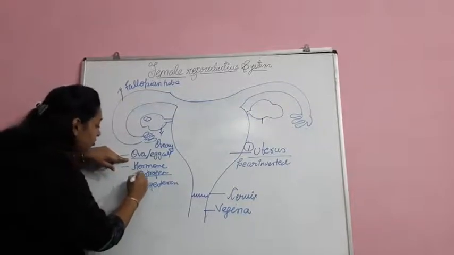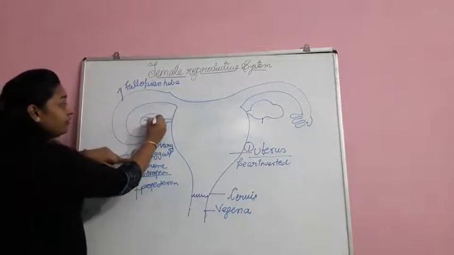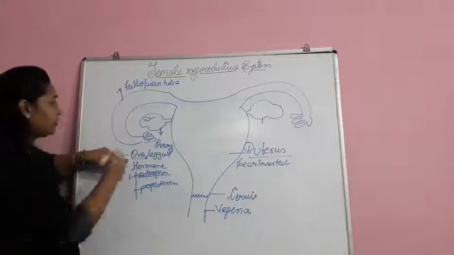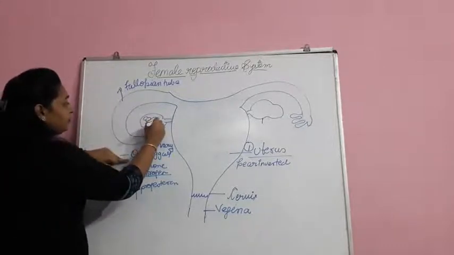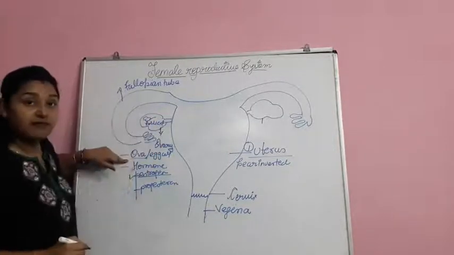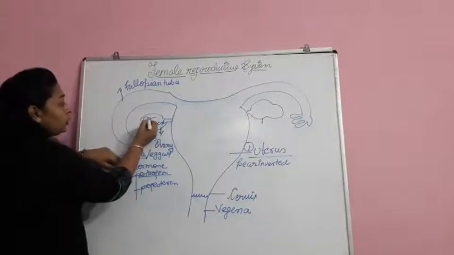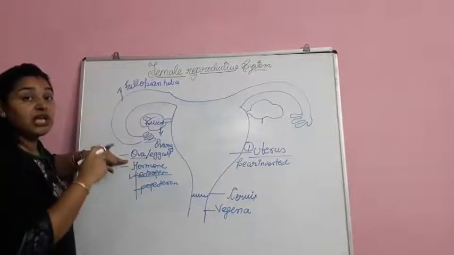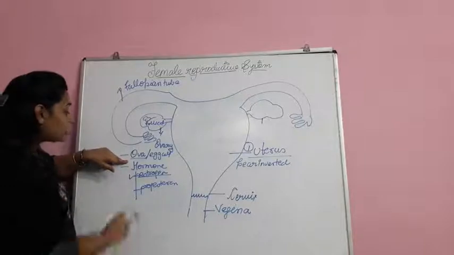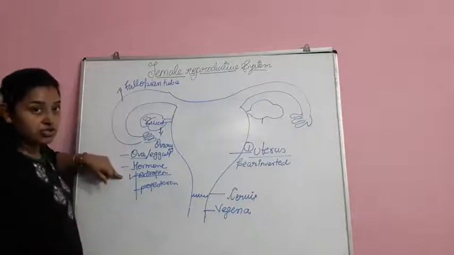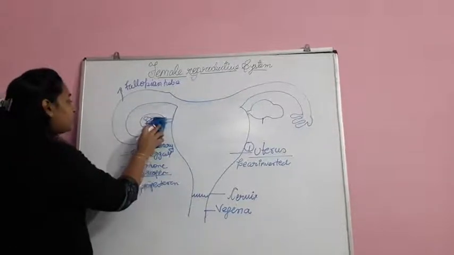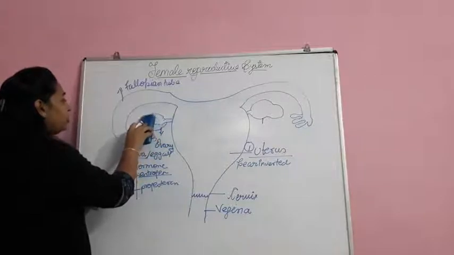So estrogen's work is to develop this follicle, then get it ruptured on maturation and release the ovum from it. This is the work of the estrogen hormone. Now let's see next about progesterone.